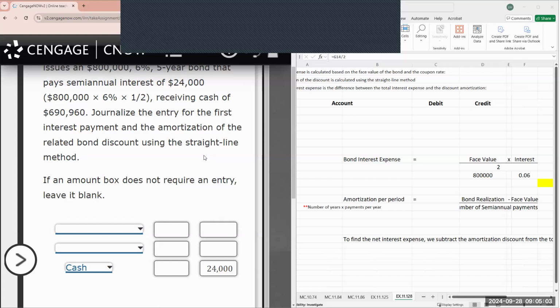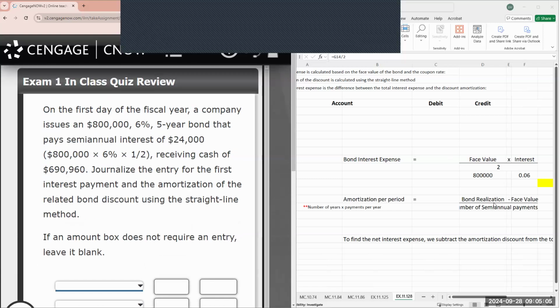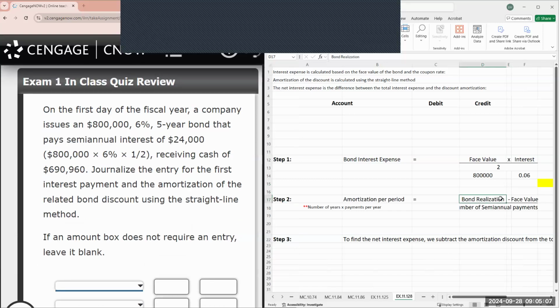And now the next thing that we need to figure out is, all right, what is the discount? So in this case, it would be the face value because we are dealing with a discount. So face value minus the carrying value of the bond.